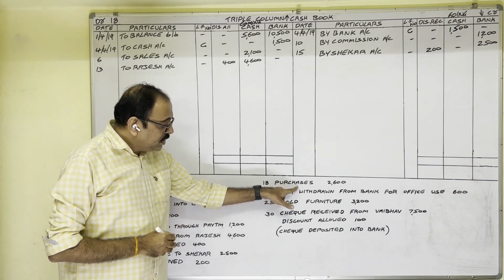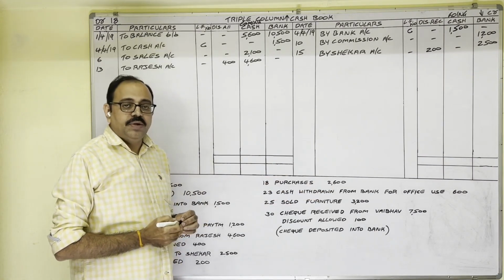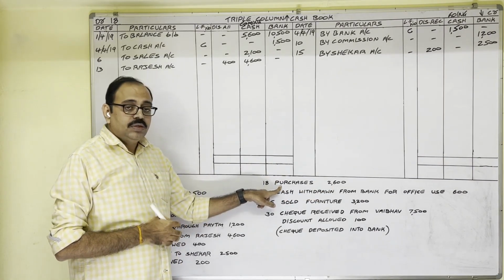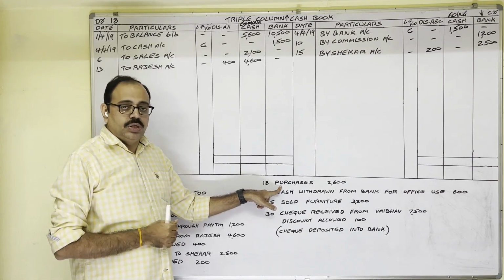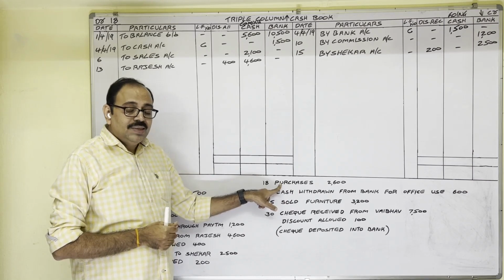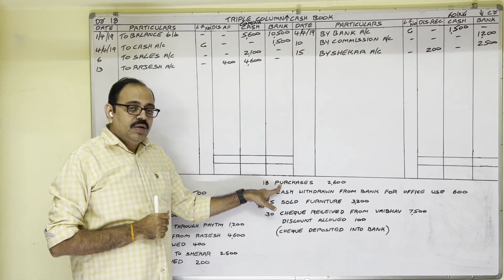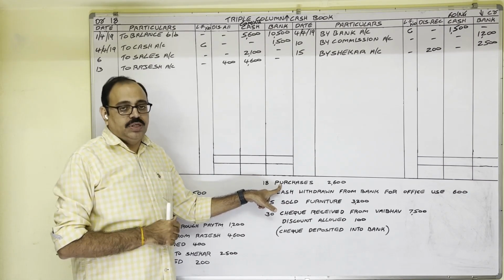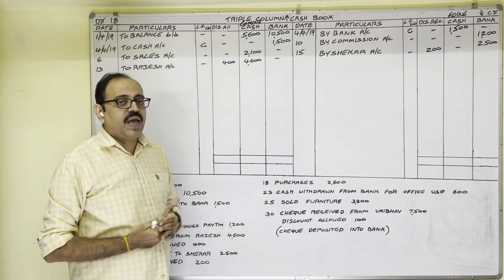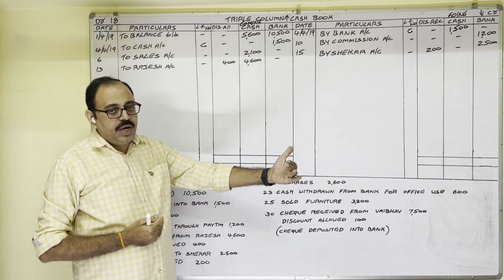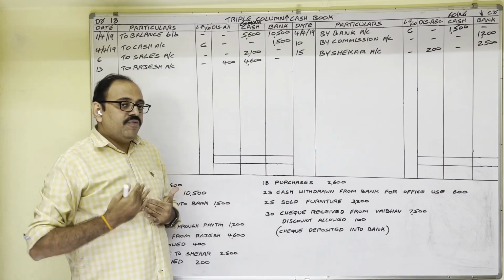18th date, purchases 2600. What we purchased, there is no information. Then the meaning is we purchased goods. How we purchased, the supplier's name is not given. Means for cash we purchased. So when we purchase goods from a supplier for cash, goods are coming from the supplier and cash is going from the firm.